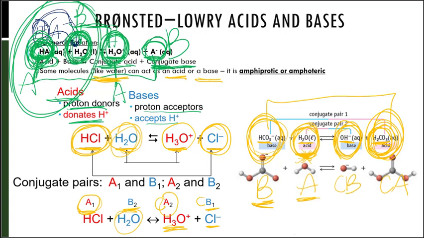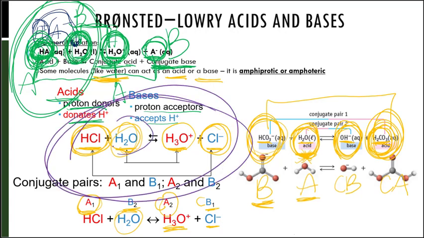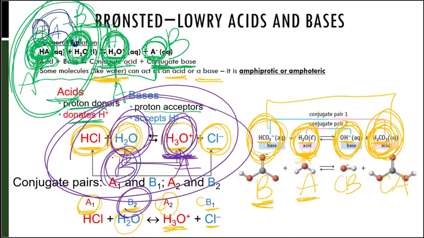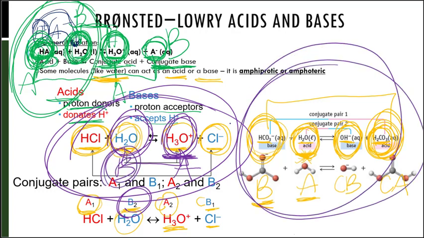Some molecules, like water, can act as an acid or a base. Notice that in this example, my water was a base because its conjugate on the other side was H3O. So the one with more hydrogens over here was the acid, and therefore H2O was the base. Notice in this example, my H2O was the acid because its conjugate on the other side was OH. So the one that had more H's was the H2O.